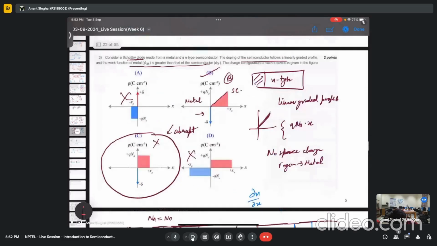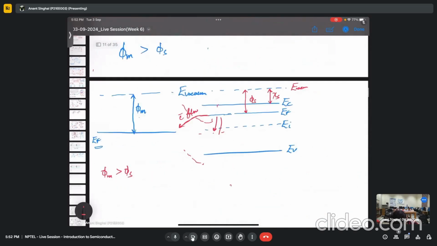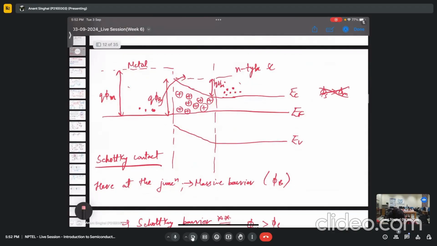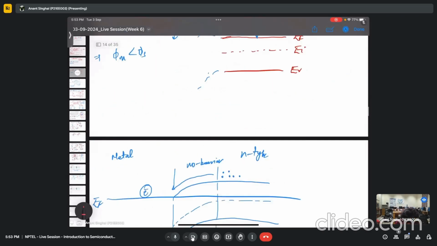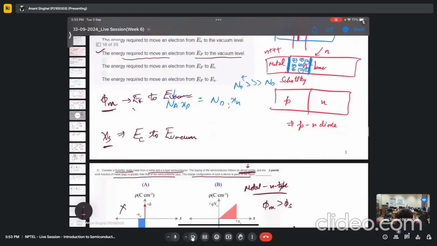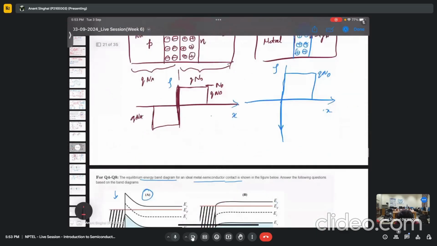This was the case when we have phi m greater than phi s, and we reached the conclusion that we had a barrier which is stopping the electrons from going from the metal to the n side. That is why we have a Schottky contact for the case when phi m is greater than phi s. So I guess figure A looks exactly the same.